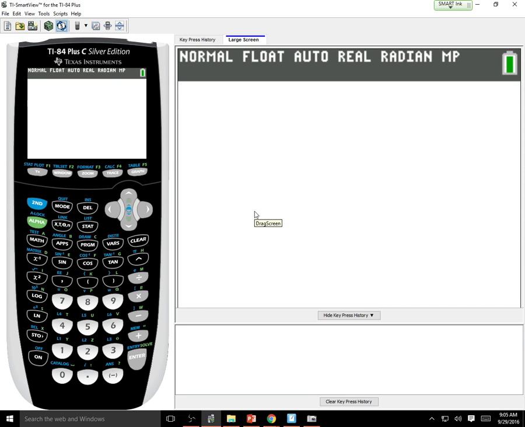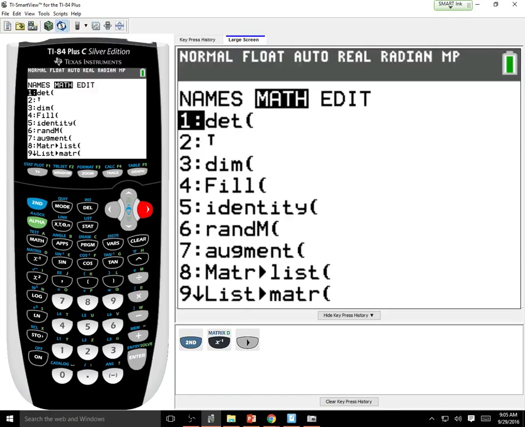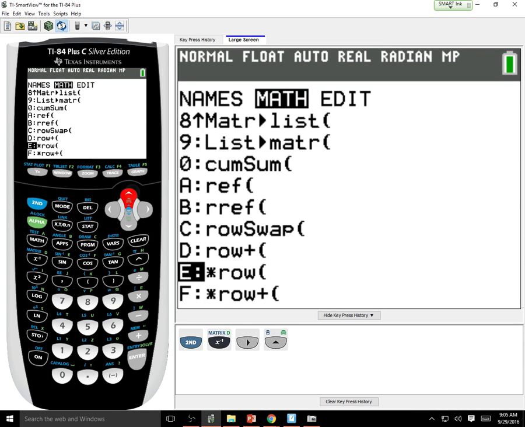So from this point, I'm going to go back into matrix. So second, matrix, math. And I'm going to push up until I get to RREF. Once I get there, enter.